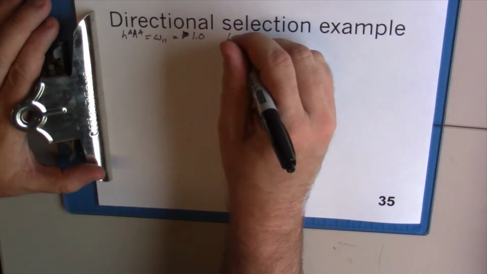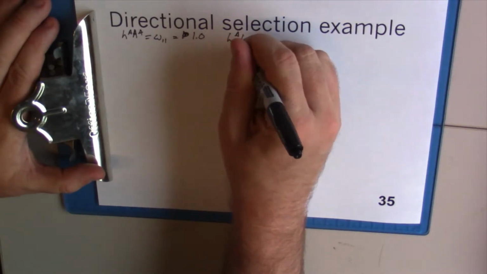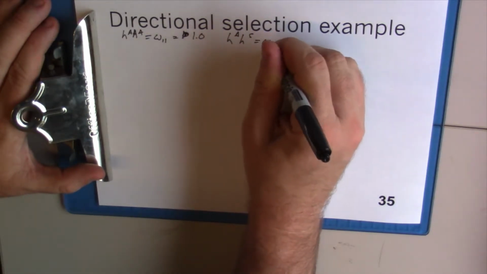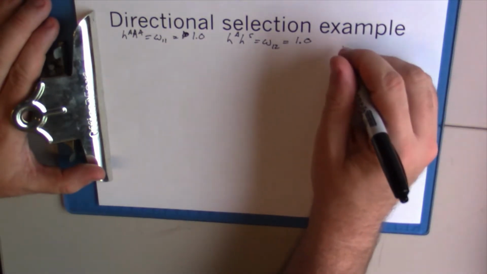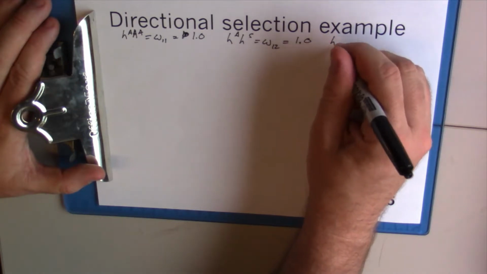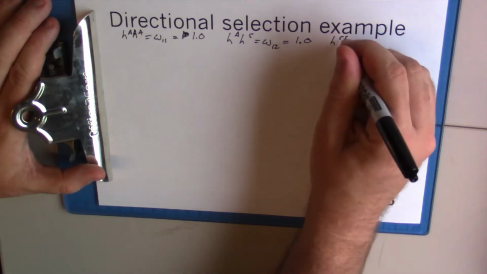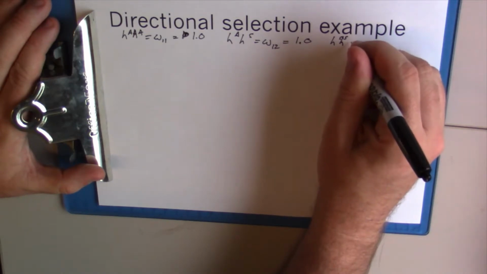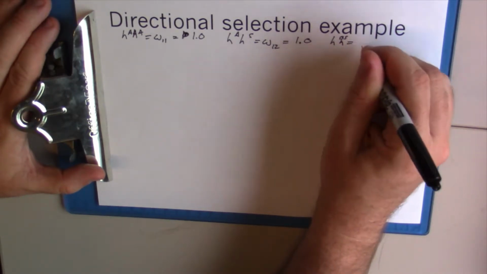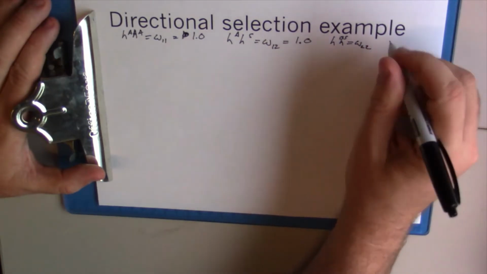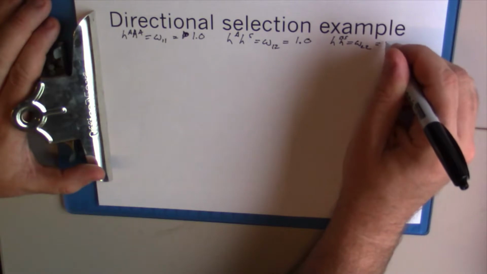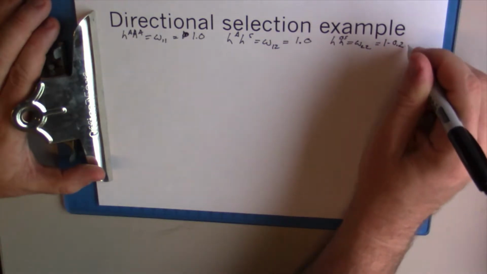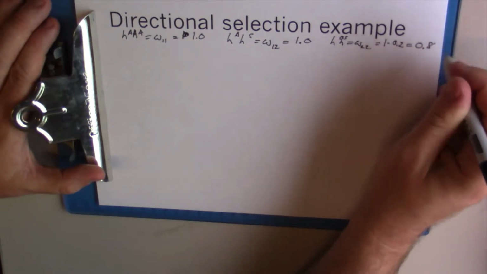The fitness of the heterozygote is omega 1,2, and they also have 100% survivorship, so they have a fitness of 1.0, and the fitness of the homozygote with the disease allele is going to be omega 2,2, and only 20% of them die, therefore their fitness is 1 minus 0.2, or 0.8.